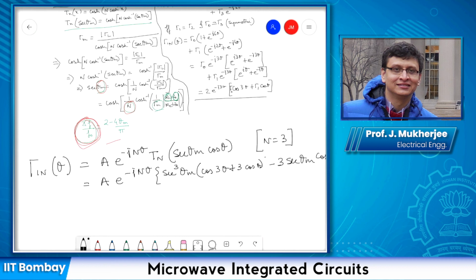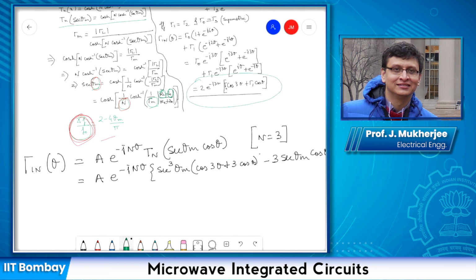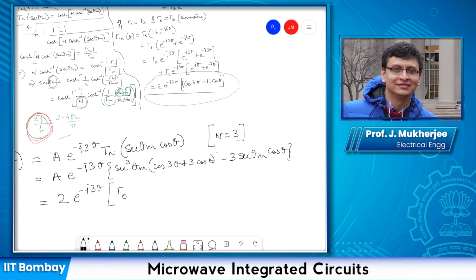And if I then equate with this equation, then I will get here this n is equal to 3.